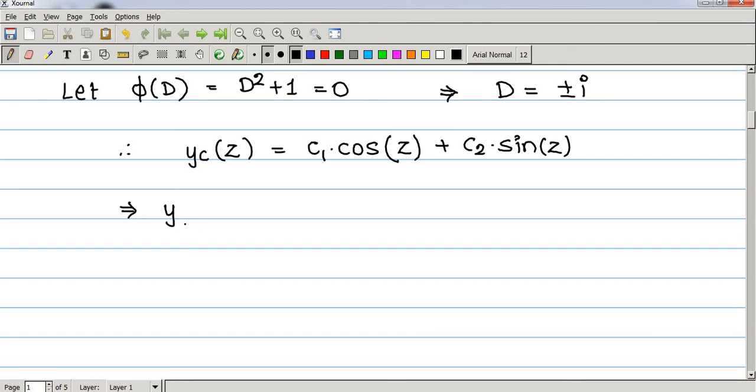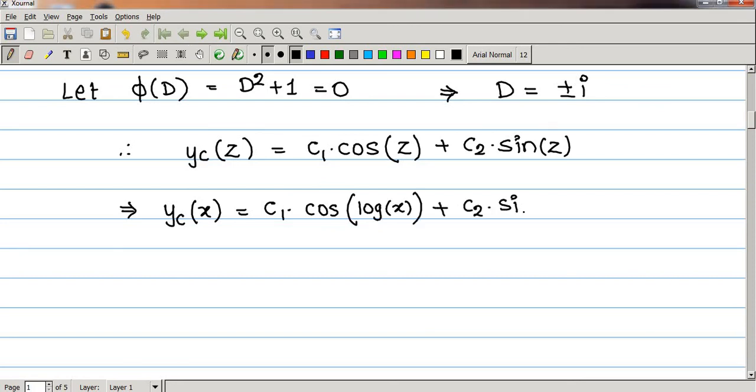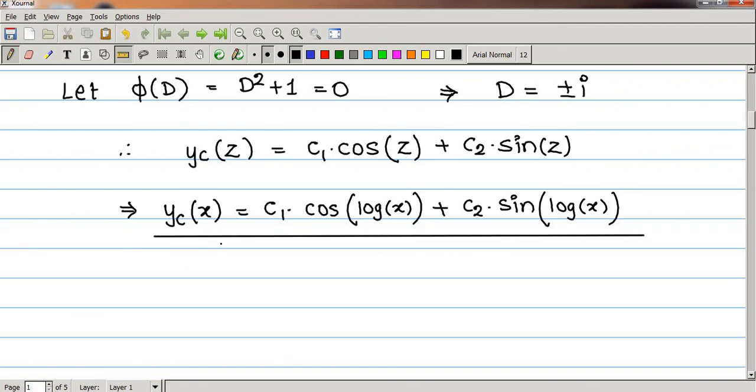To find the complementary function in terms of variable x, we put z equal to log x. This gives c1 cos of log x plus c2 into sin log x. So this will be the required complementary function for the given differential equation. Now we call it equation number 3.